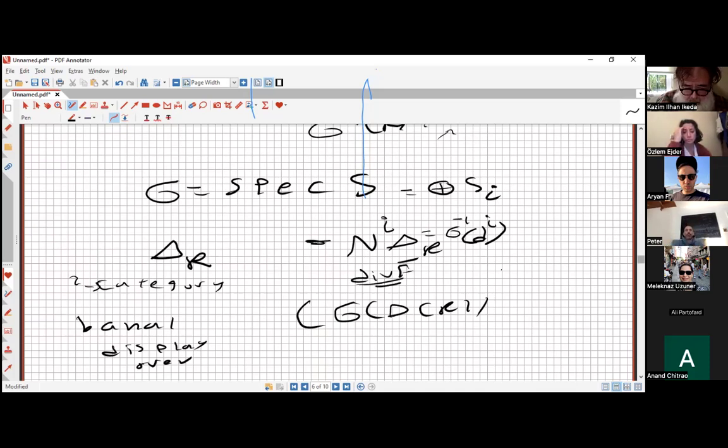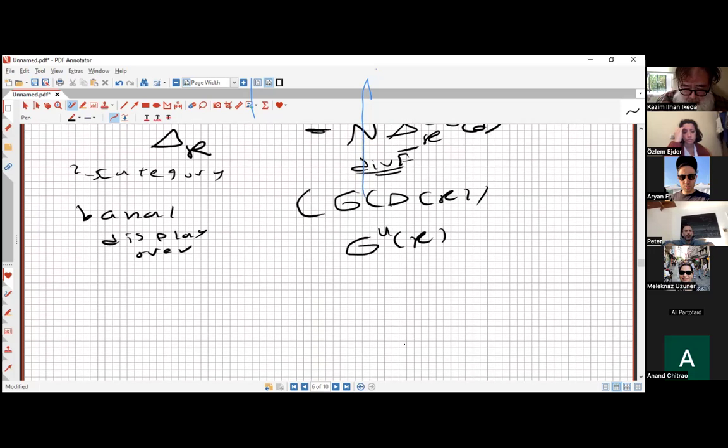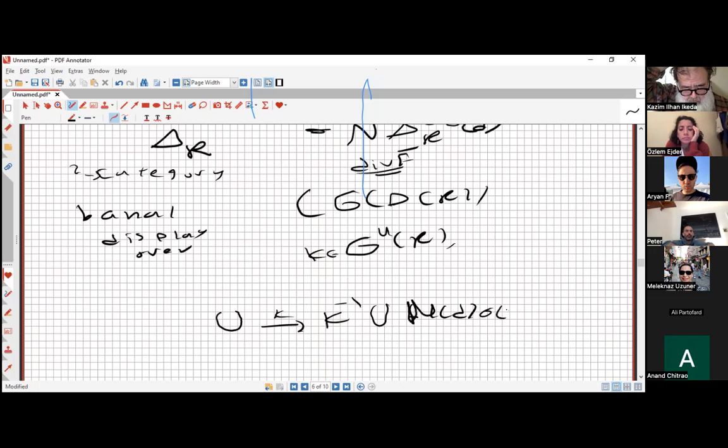As morphisms, it has elements of G mu of R, which are my changes of coordinates. How this morphism works: if I have a K over here, K gives me a morphism from U to this thing, mu of d, sigma of K, mu of d inverse.